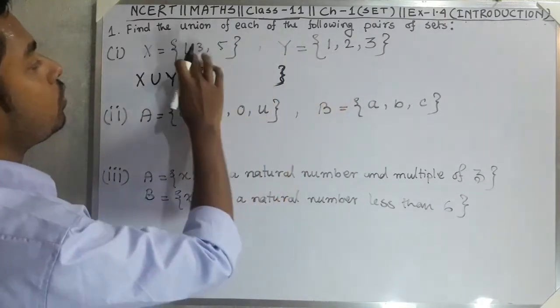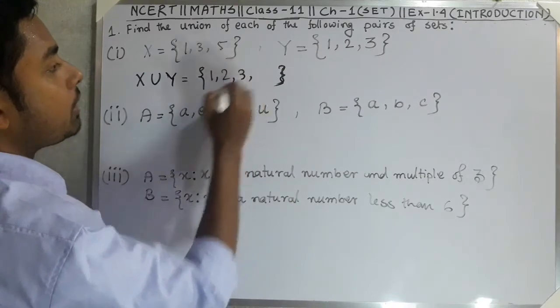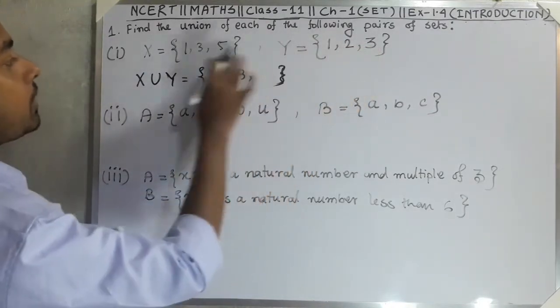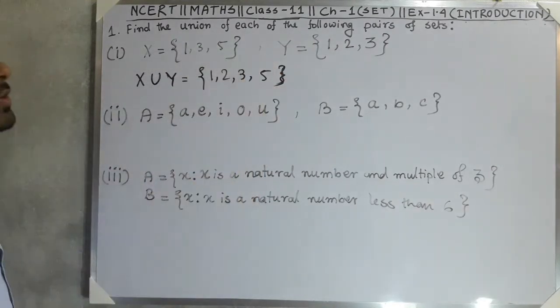Now 2 is not here, so 2, 3 common element, and 1, 2, 3 is completed, and 5 is left. So this is the union.